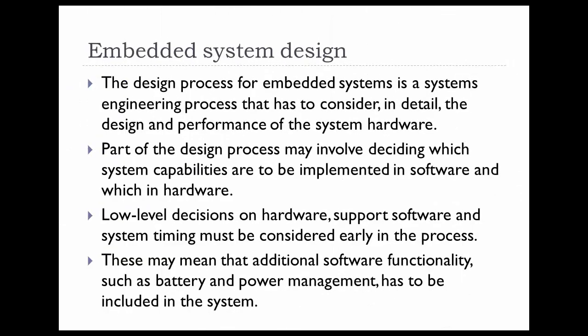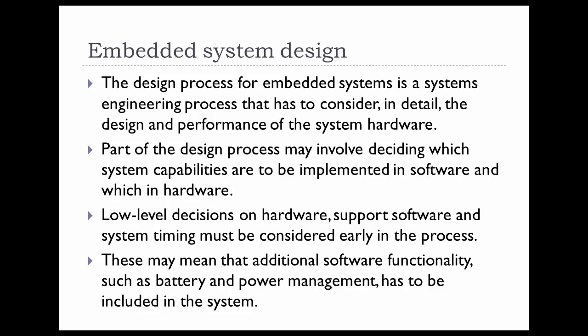Embedded system design. The design process for embedded systems is a system engineering process that has to consider in detail the design and the performance of the system hardware. Part of the design process may involve deciding which system capabilities are to be implemented in software and which in hardware.